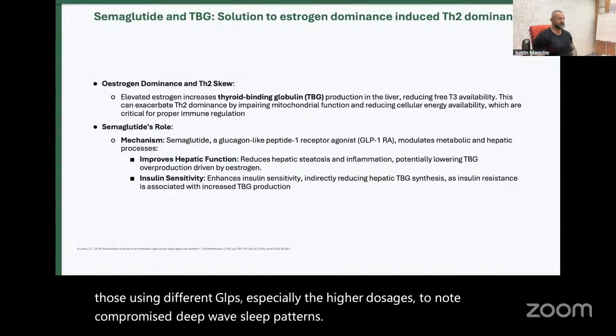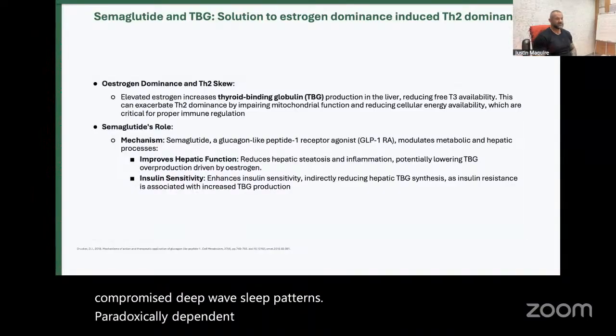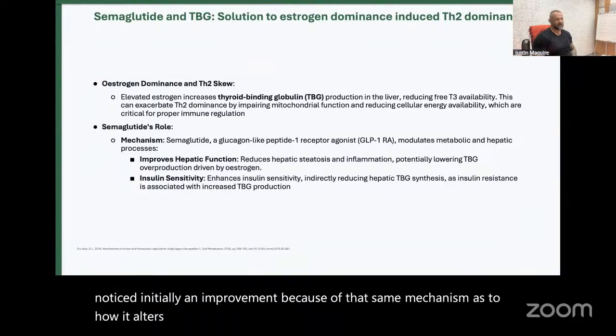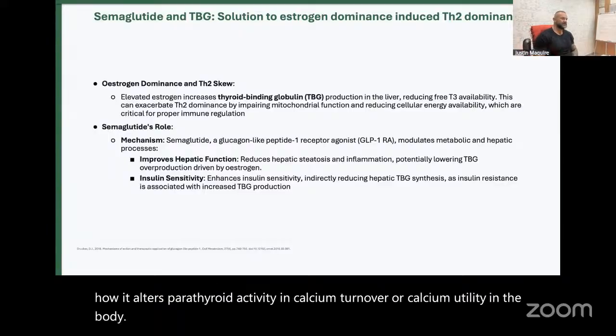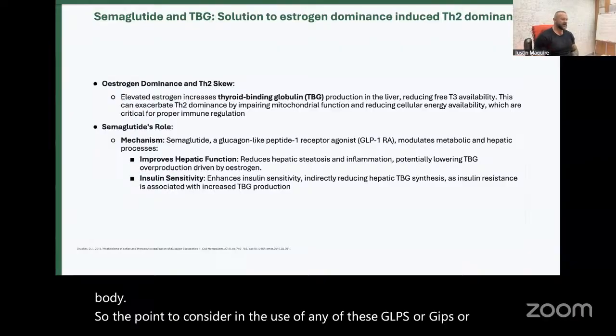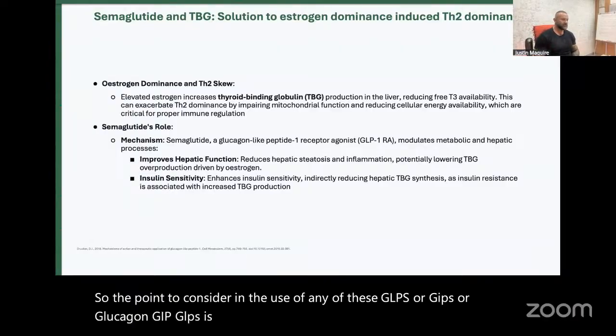Paradoxically, depending upon the dose, certain individuals actually notice initially an improvement because of that same mechanism, as to how it alters parathyroid activity in calcium turnover or calcium utility in the body. So the point to consider in the use of any of these GLPs or GIPs or glucagon, GIP, GLPs is in the activity of androgen receptors as well as growth hormone output.